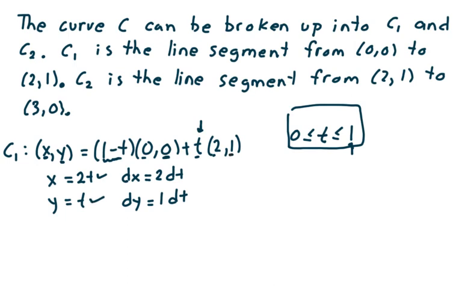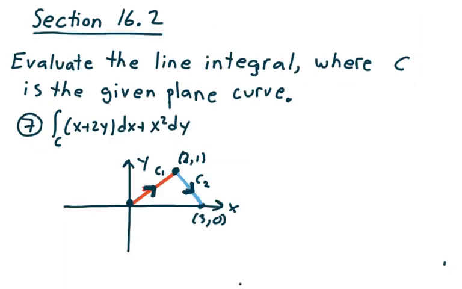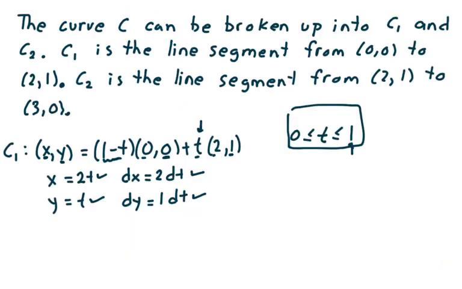So y equals t. Now I need a value for dx and dy. dx is 2 dt and dy is 1 dt. Soon I'm going to take those values and plug them in for x, y, dx, and dy accordingly. I'll show you that shortly.